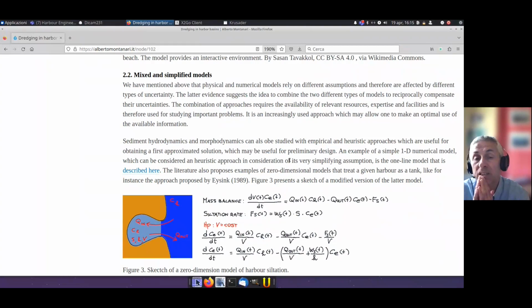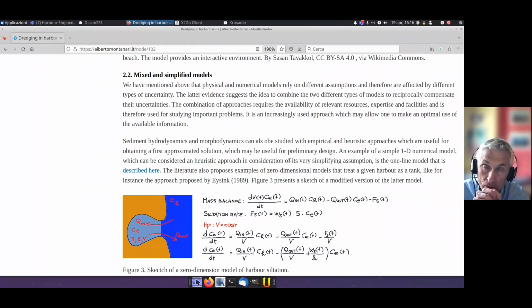In fact, it is very frequent that we evaluate sediment hydrodynamics and morphodynamics with empirical and heuristic approaches, which are useful for obtaining a first approximated solution, which may be useful for preliminary design.